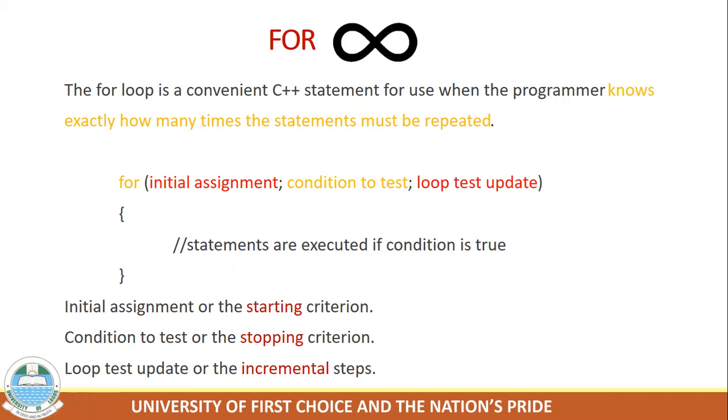So you have a start point, you have an end point, and the number of times you want to jump or increment. So you have what we call the loop test update, or the incremental step. This section takes care of the incremental step. So if you have a series, how many times do you want to jump?